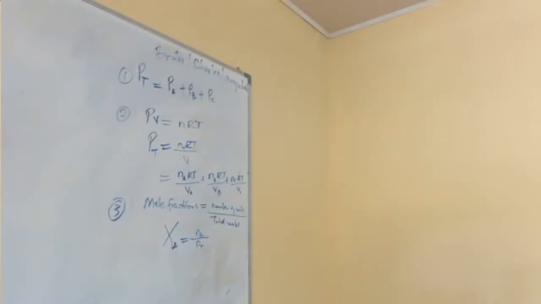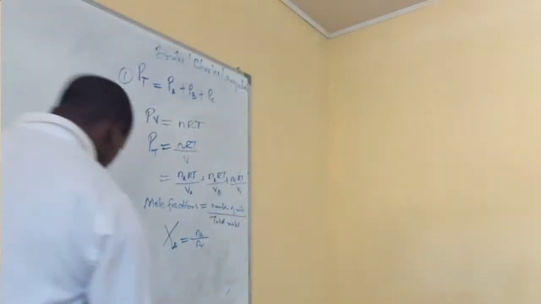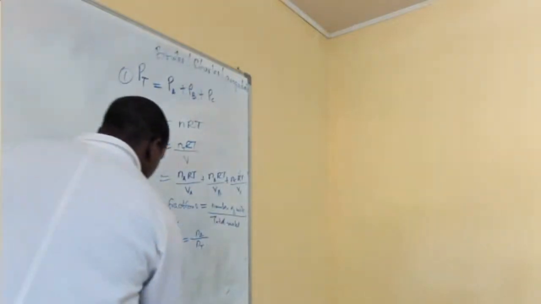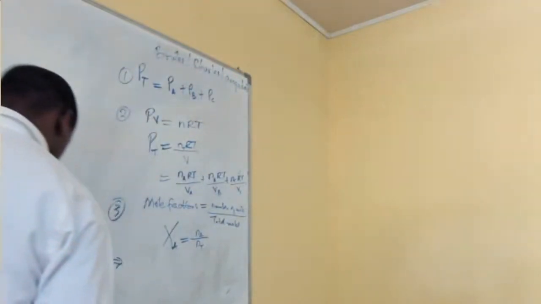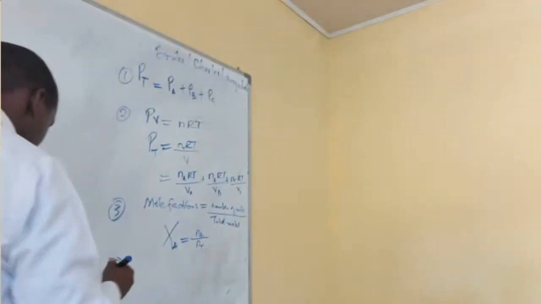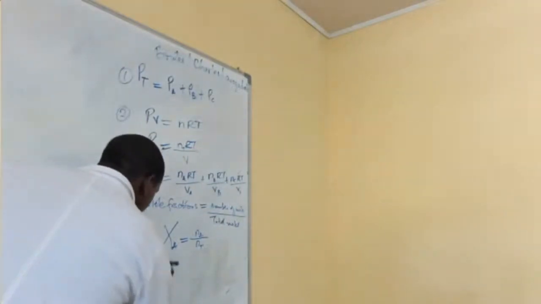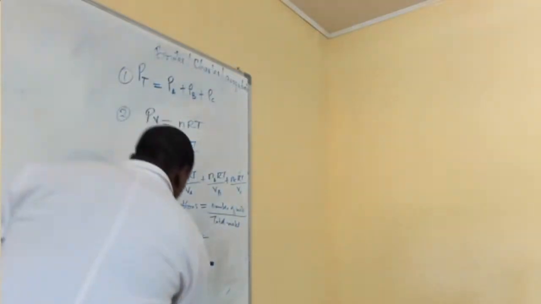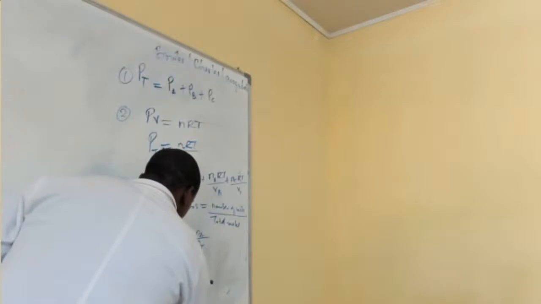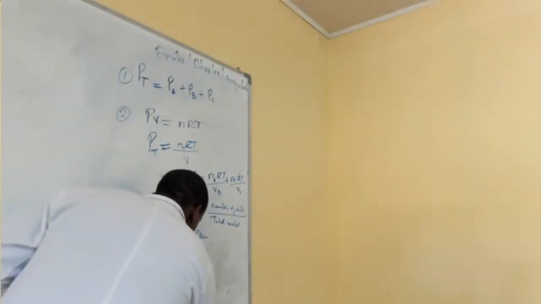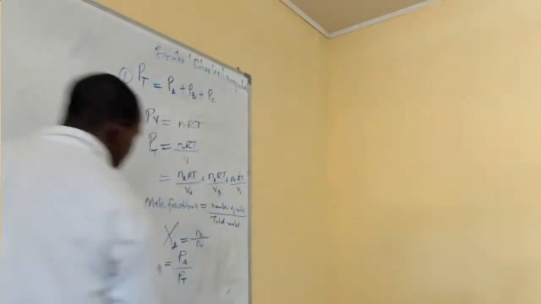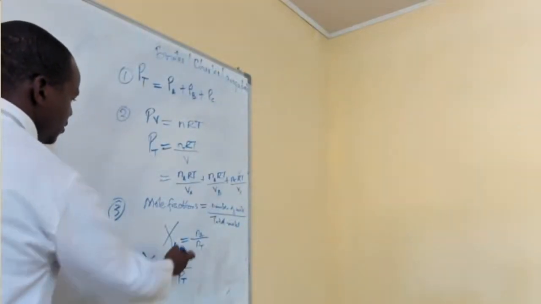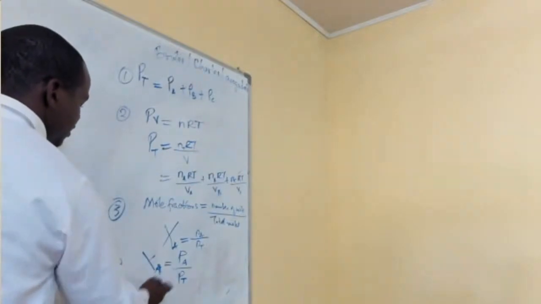In this case, we can say that this is equivalent to the mole fraction of A is equal to the partial pressure of A over the total pressure. So in this case, what we are trying to do is to say that you can calculate the mole fraction using the number of moles or using pressure.